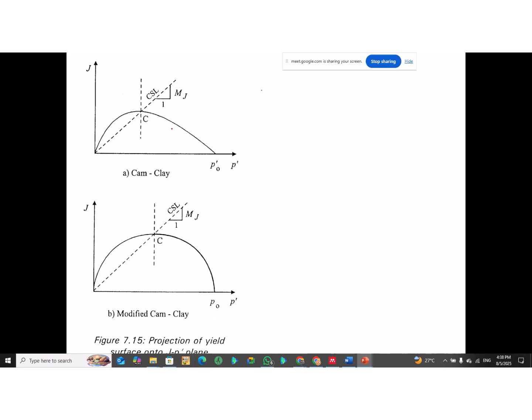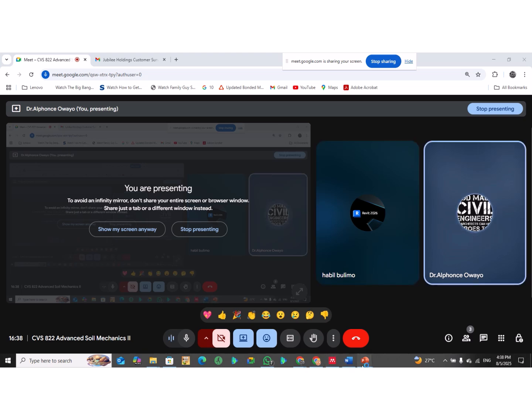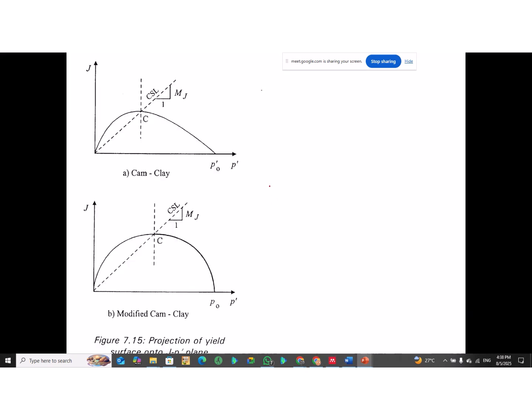So you can just notice the differences in the shape. You can see the differences in the shape, the modified Cam-Clay model, and this was generally used to describe the failure or the yield surface of soil, because it's always thought that the yield surface of soil is an oval shape.